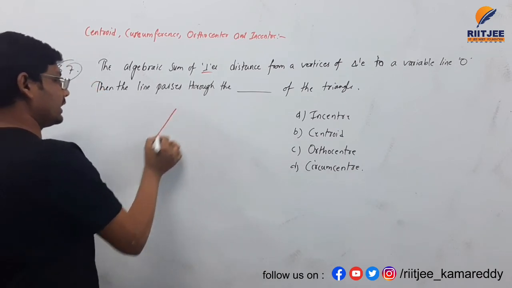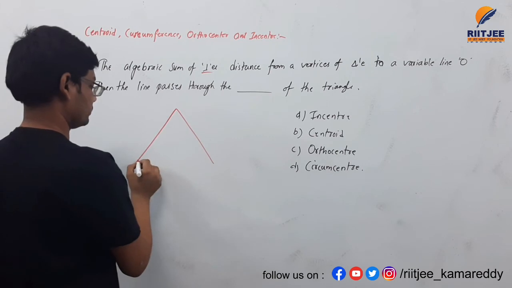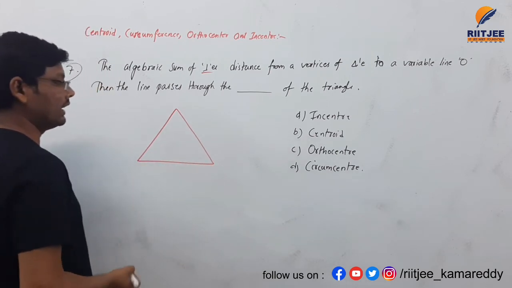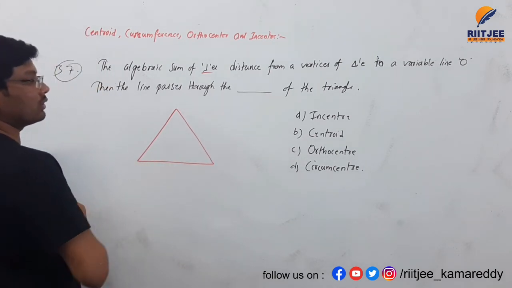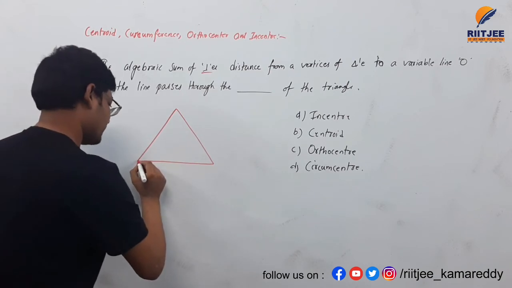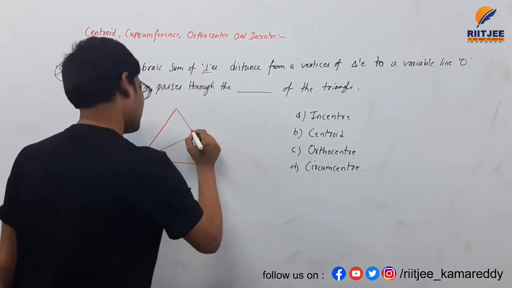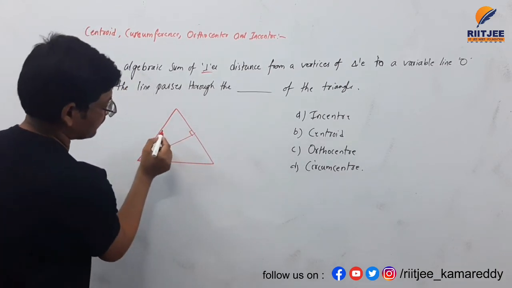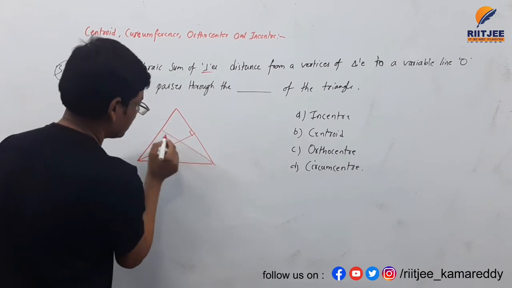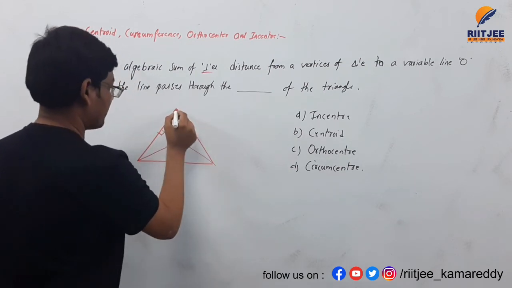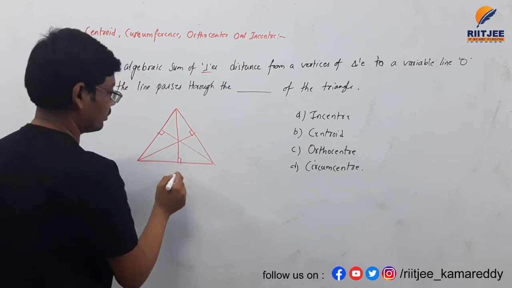So I am taking a triangle here and drawing perpendicular lines from the vertices. This is a perpendicular line, and this is a perpendicular line, and this is also a perpendicular line to the other side.